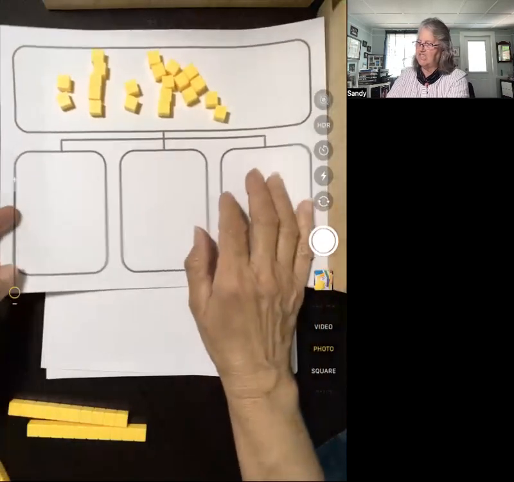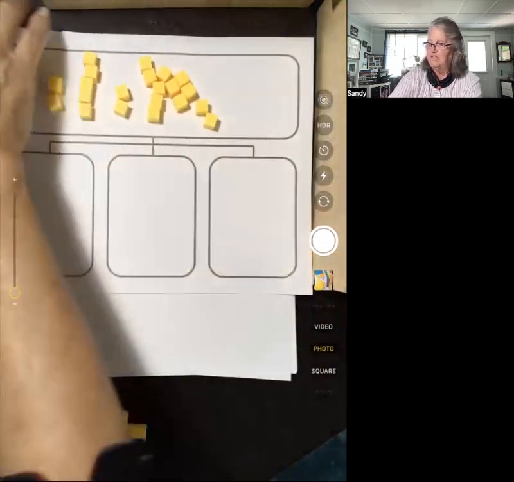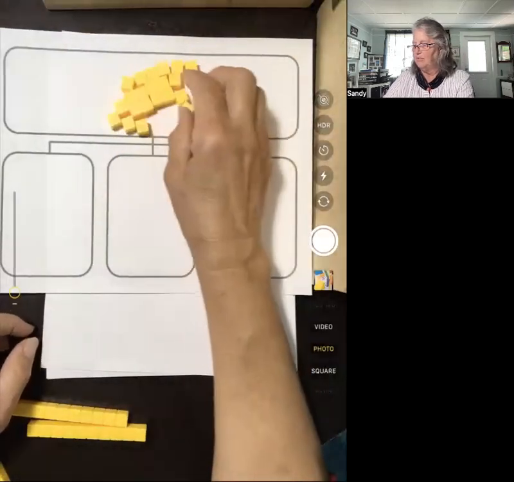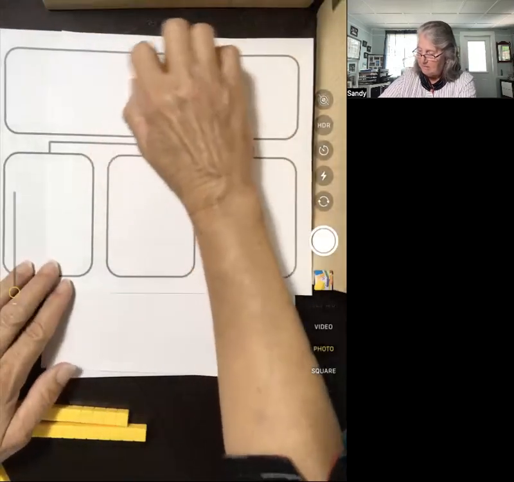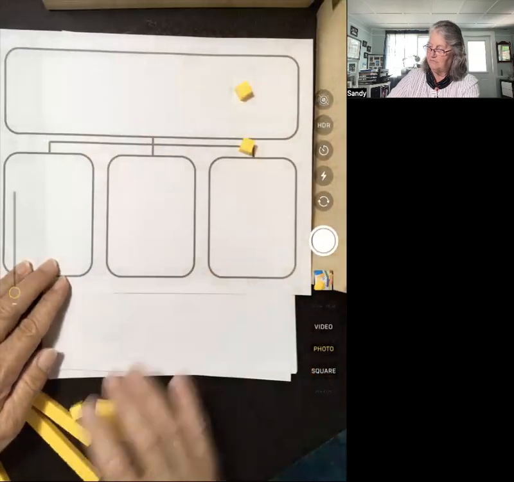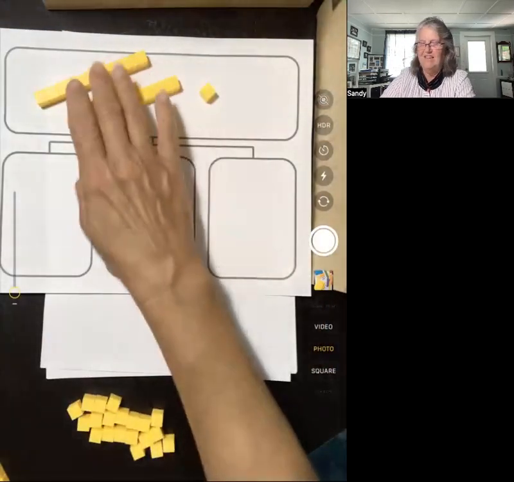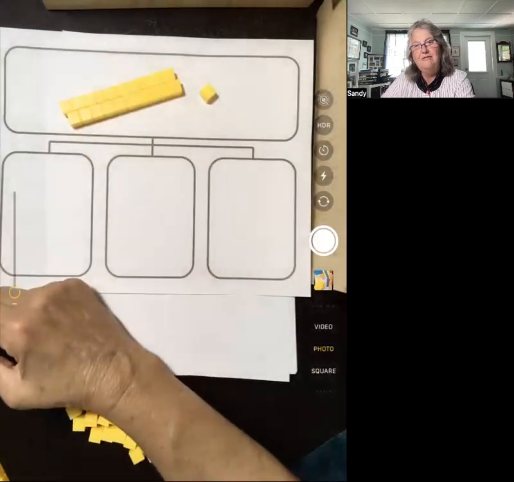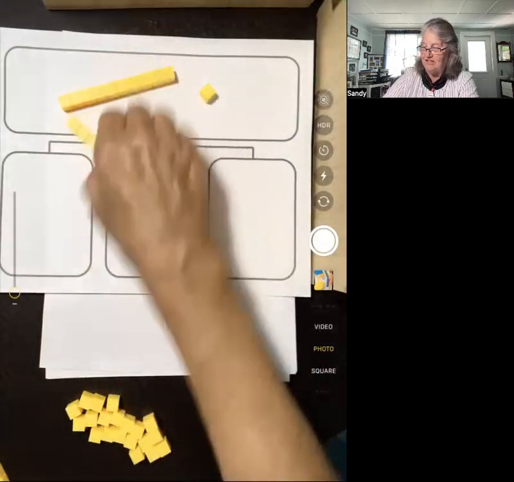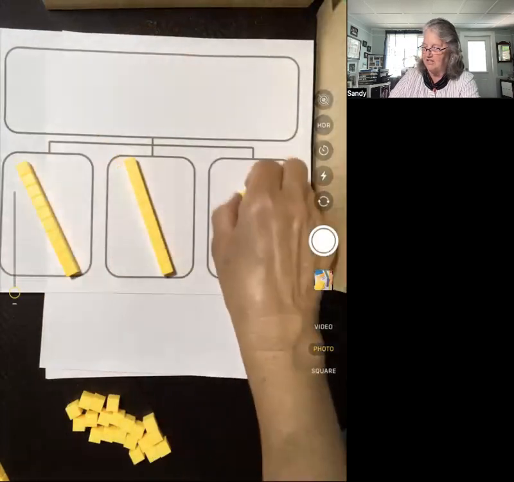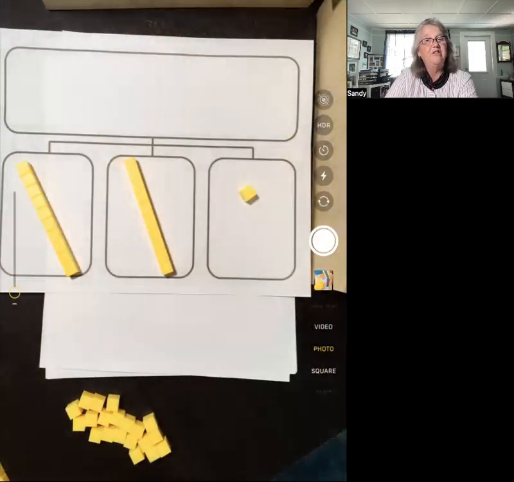But see, when we start with division, we typically don't start with 21 ones. We typically start using the fewest number of pieces. And if we aren't careful, I've seen children do this when they're asked to separate into 3 groups. They separated the 3 pieces into the 3 groups.